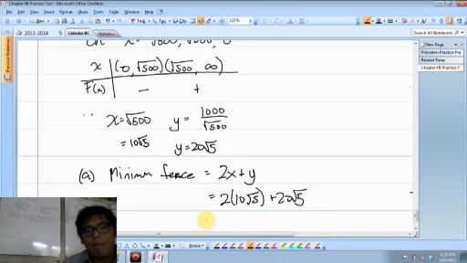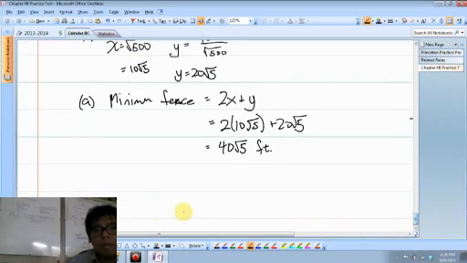So the minimum amount of fencing looks like it's 40 root 5 feet. B.